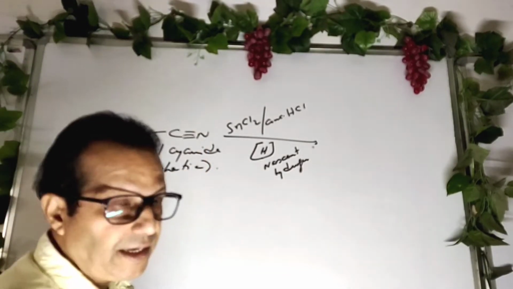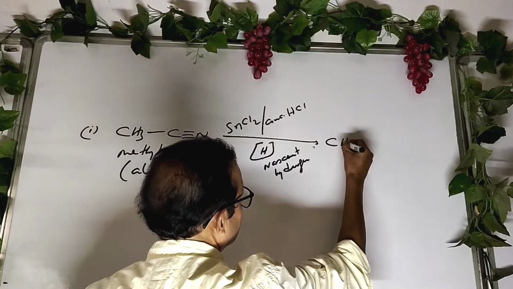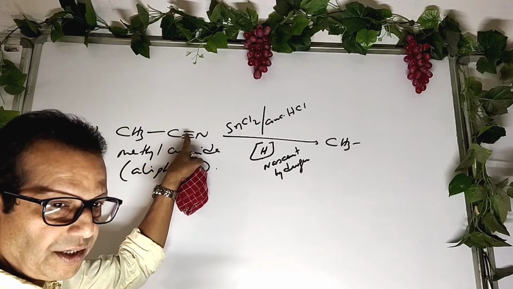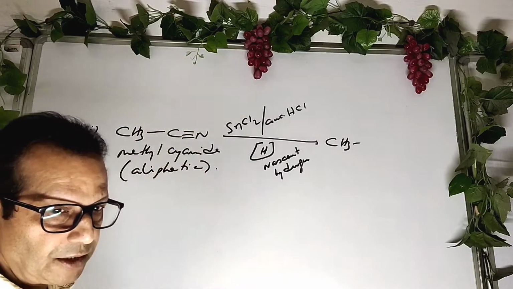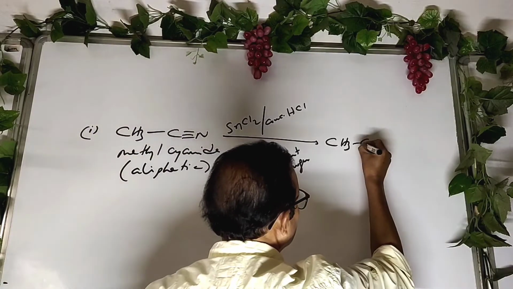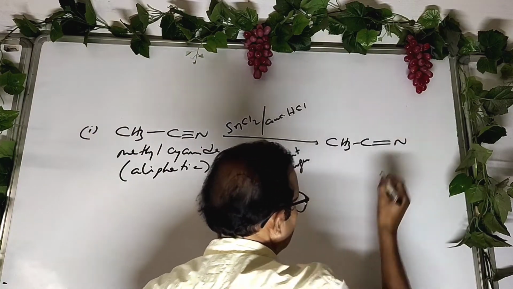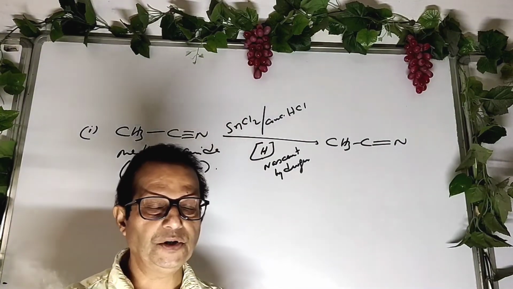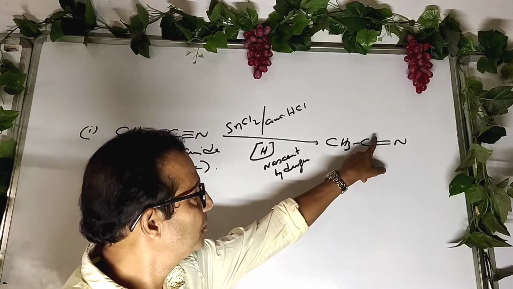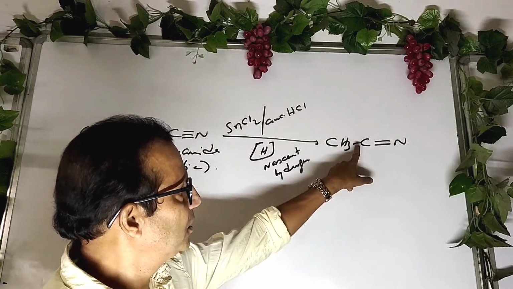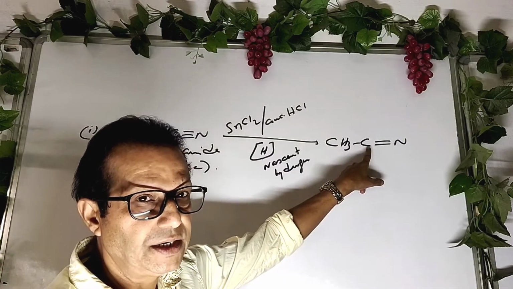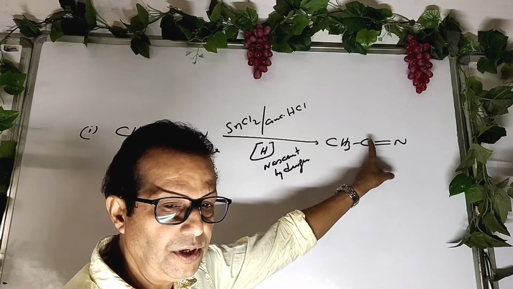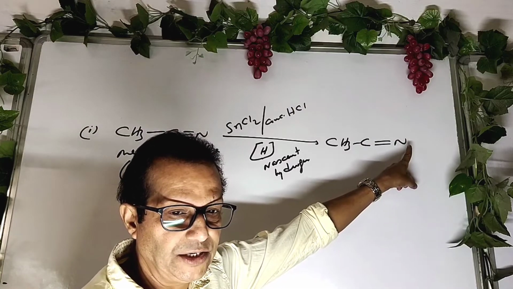What is the technique? Instead of 3 bonds, write 2 bonds between carbon and nitrogen. But you know that carbon possesses tetravalency. 3 valencies are fulfilled here. So put hydrogen to fulfill the tetravalency of carbon and trivalency of nitrogen.